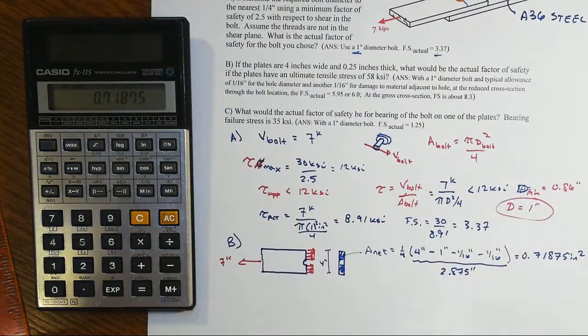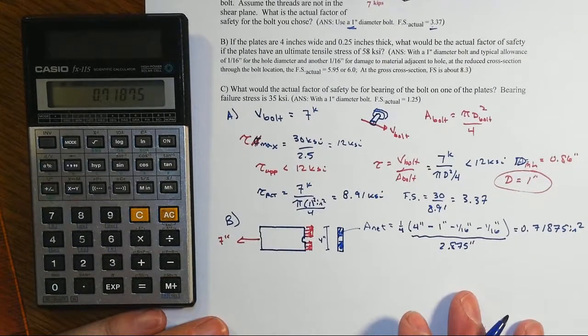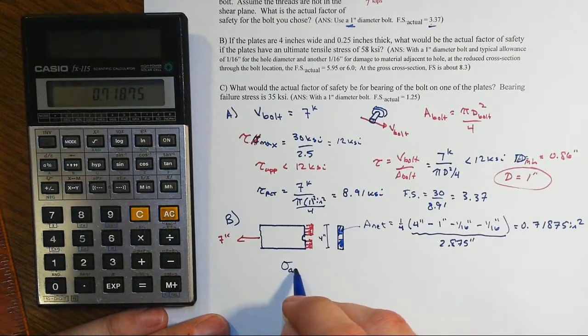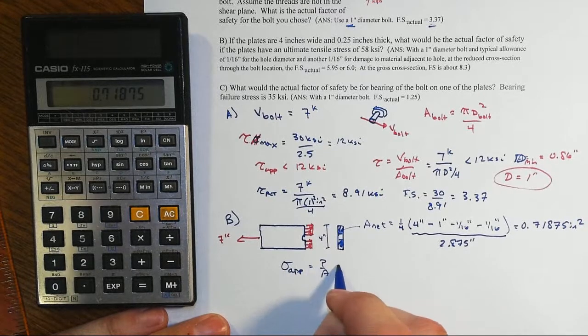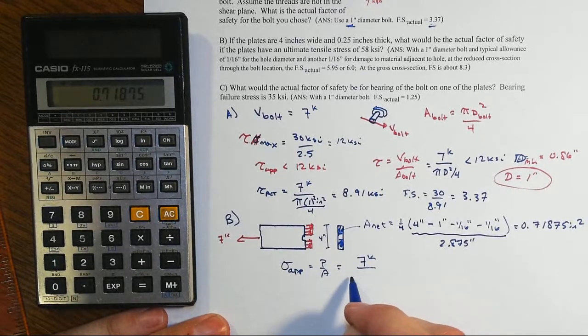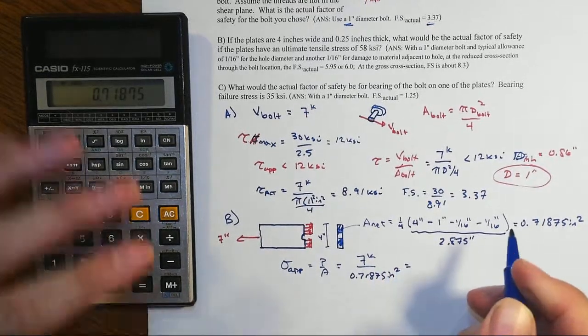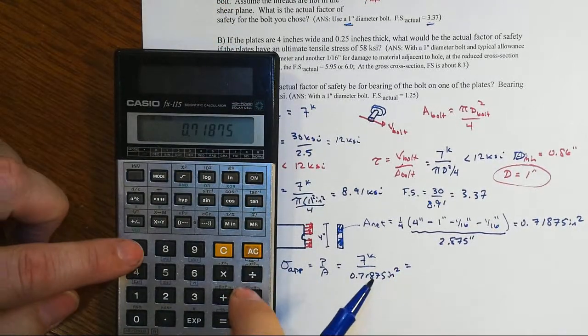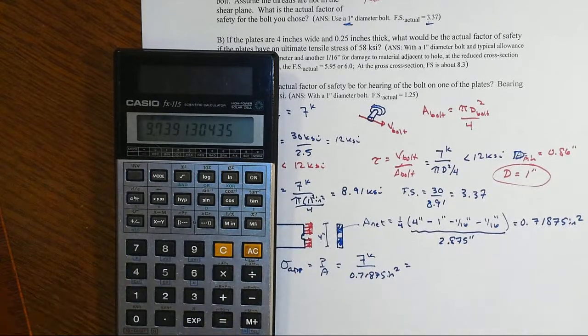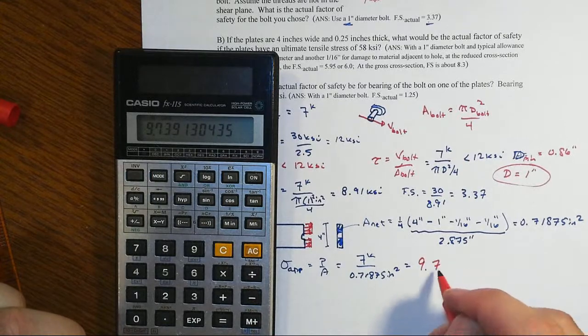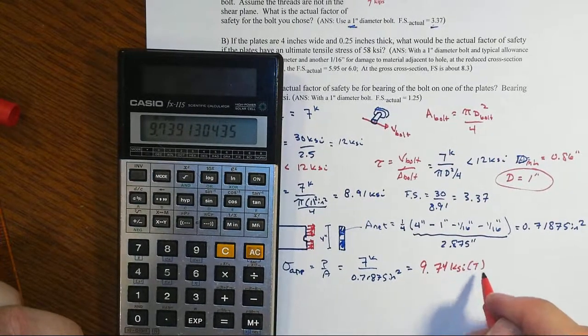So that means our applied stress is equal to P over A. We got 7 kips being applied over our 0.71875 square inches, and so that would be an applied stress of 9.74 ksi in tension.